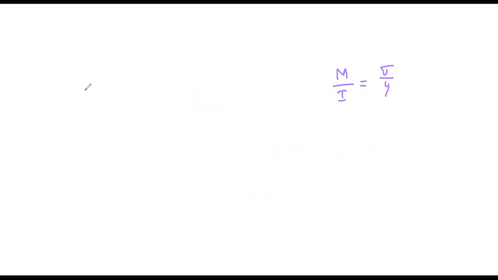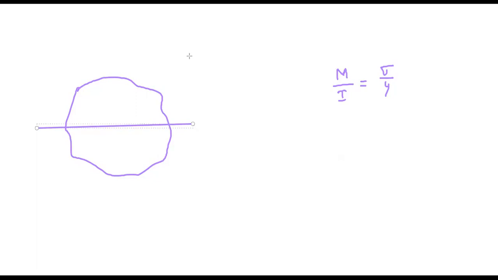Usually beams come with I section, T section, rectangular section, but we'll consider a general cross-sectional area. Let us consider this as its neutral axis, NA.